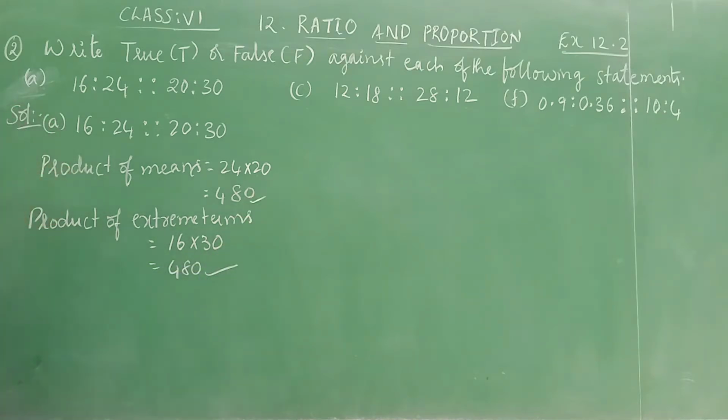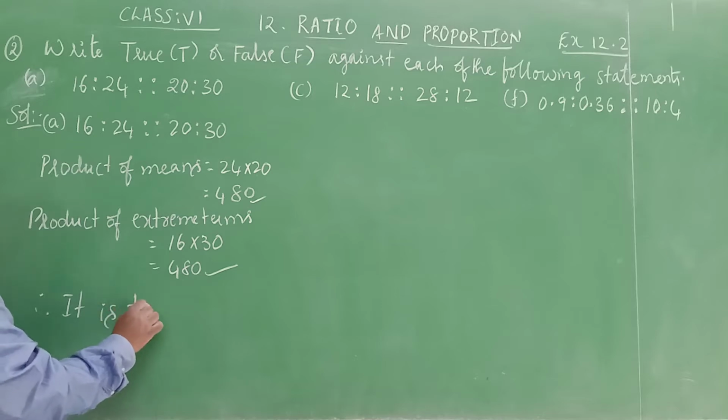So their products are the same. Here the product of means is equal to the product of extremes, 480 and 480. Therefore it is true.